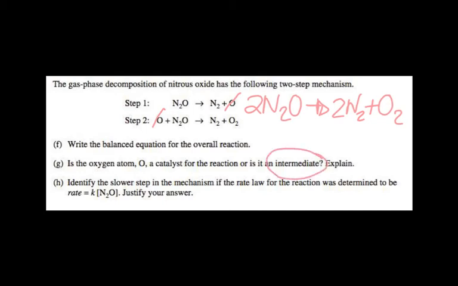Now, part H, we're asked to identify the slower step in the mechanism if the rate law is determined to be K[N2O]. The rate law is equal to the rate constant times the concentration of reactants.